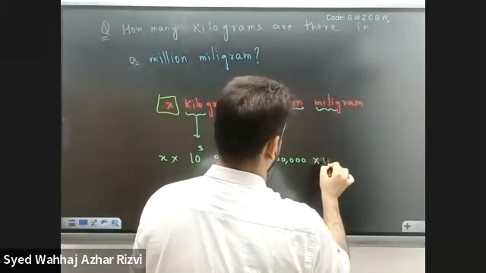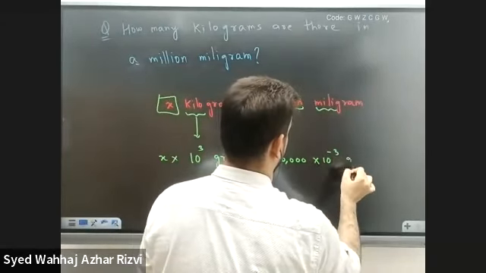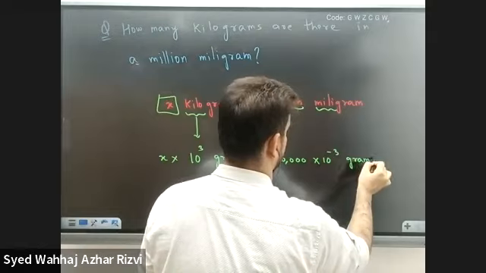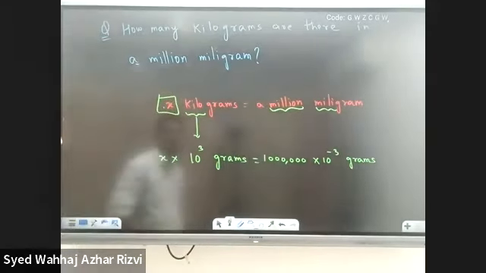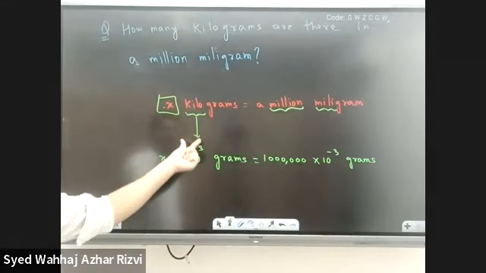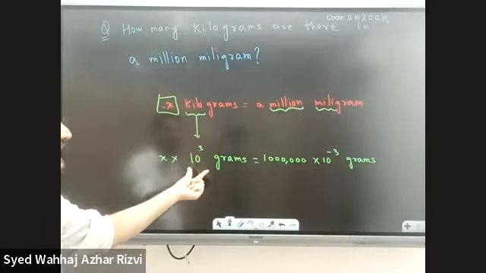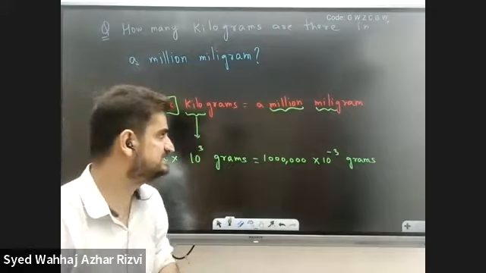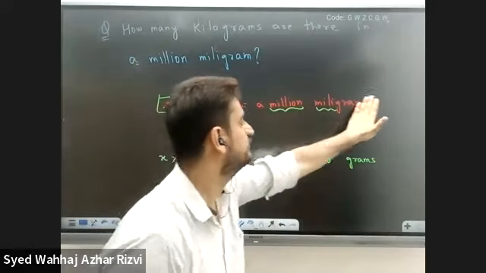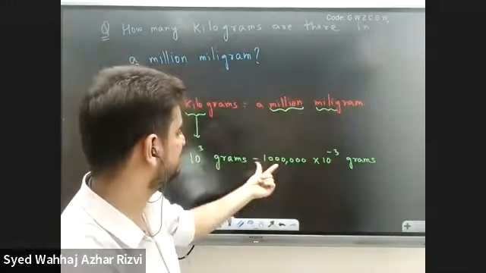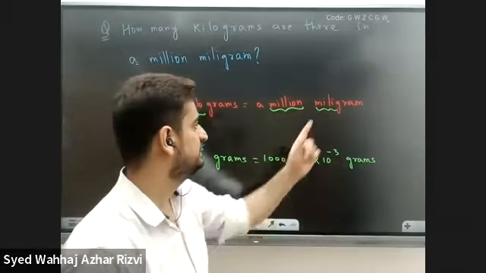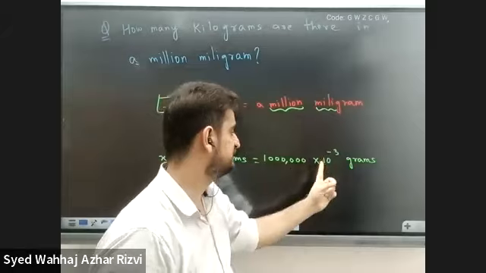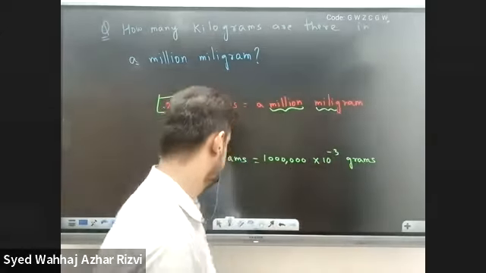Milli is 10 raised to the power -3 grams. So in place of kilo, we can write 10 to the power 3, and then grams as it is. A million milligram: we can write a million as 1 followed by 6 zeros, and then milli stands for 10 raised to the power -3 grams.